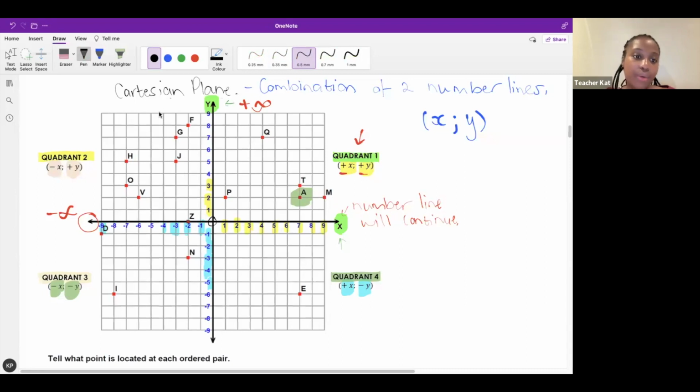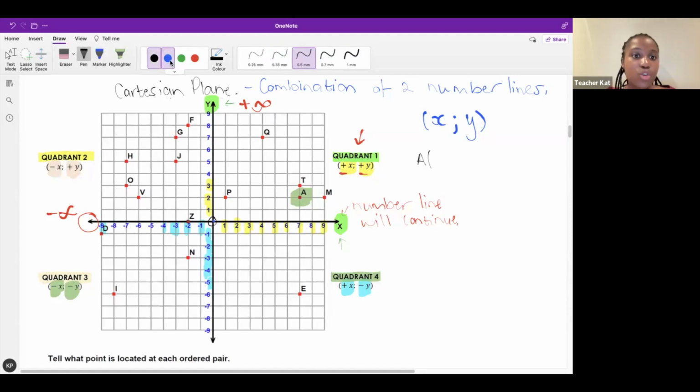Right. Now, I said we first start with the x. I'm going to name this point. I'm going to write A next to it so you know I'm talking about point A. And then I open my brackets. Now let's go see where it is in relation to x. You always start in the middle where 0 is. Check where A lines up with your x-axis.